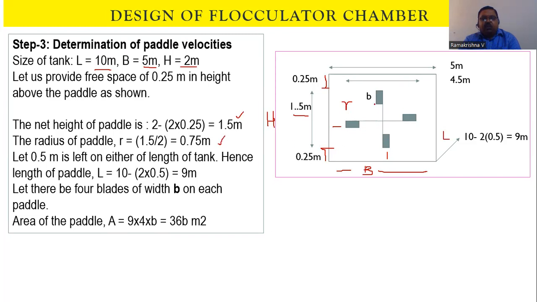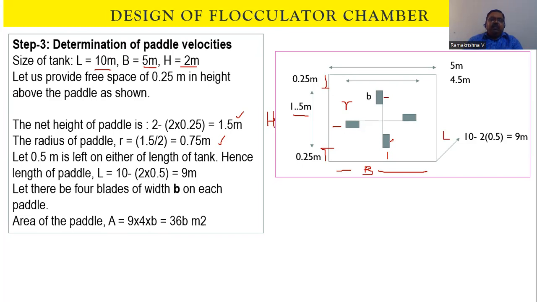Usually the radius should be taken up to the center of this. But because the sizing of the blades, the blades here we call, is very, very small, even if we take edge to edge, it will not make much of a difference.